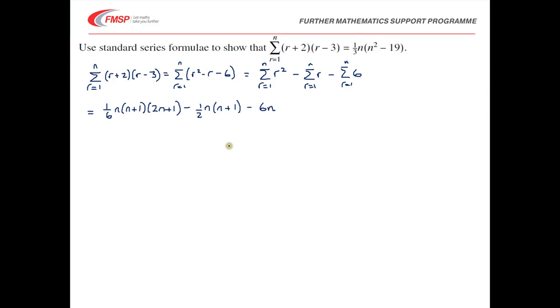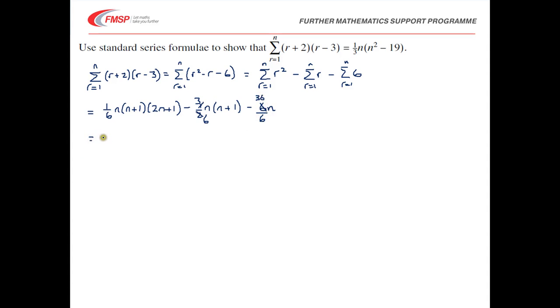We've then got to work at getting it into the format that's given. And a good strategy to start with is to get the fractions out the front so they're not in the way. So you might be confident about doing this and can do it straight away, but here's a little way that might help. Change them all into sixths, so that half becomes 3/6 and that 6 becomes 36/6.